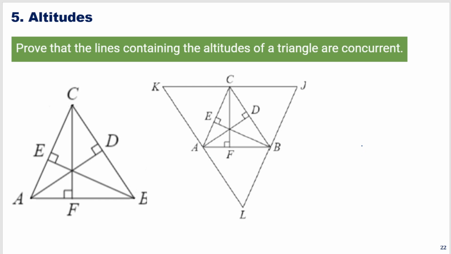And to prove that triangle ABC is indeed the medial triangle of triangle JKL, we must show that the vertices of triangle ABC are the midpoints of the sides of triangle JKL. Since AB is parallel to JK, then we have angle CAB equals angle ACK.